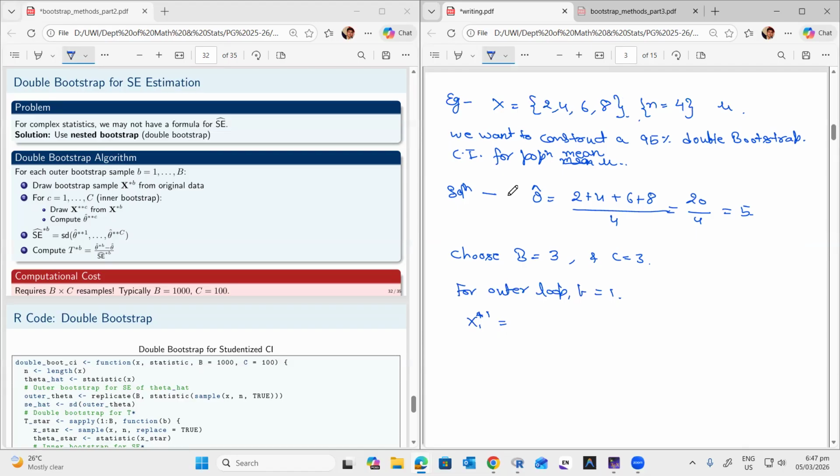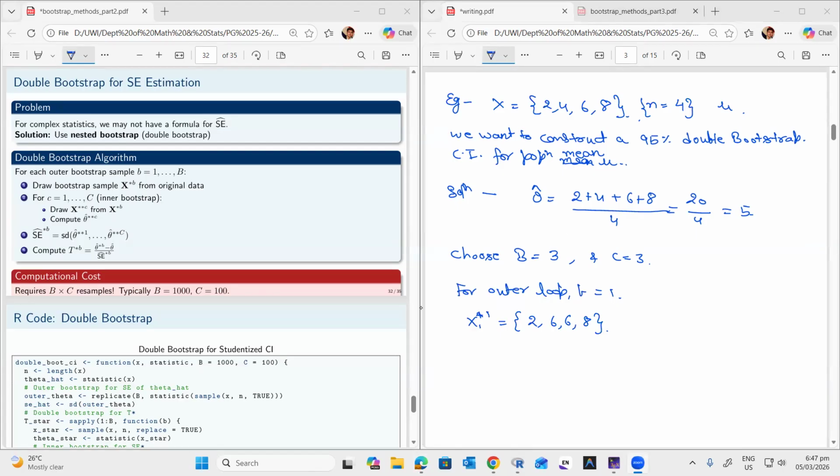What are the possible samples? Suppose we get 2, 6, 6, 8. Is it possible to get this sample? Yes. So suppose this is my first sample.